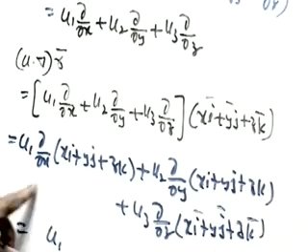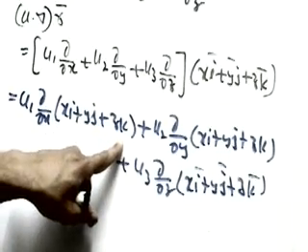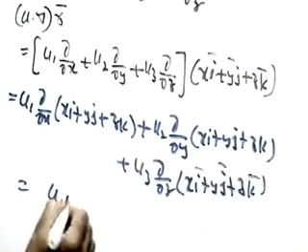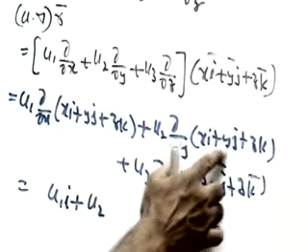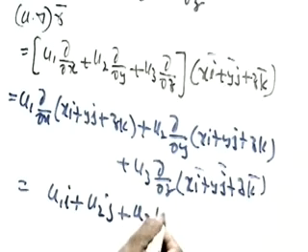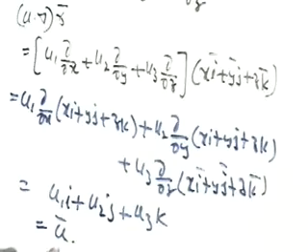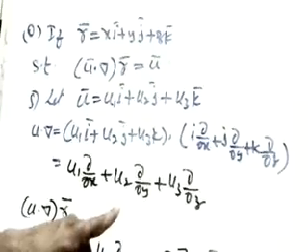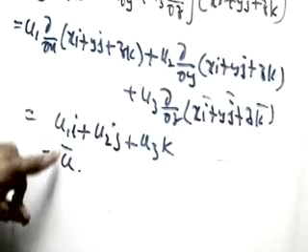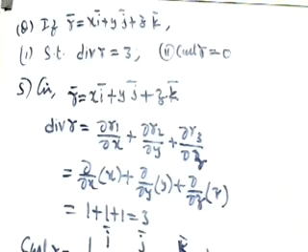Now the last step: this equals u1 into, if we differentiate with respect to x, x is 1, 1 into i is i, plus u2 into, with respect to y, y is 1, 1 into j is j, plus u3 into k. So we got this as the u vector. We started with this u vector, we have taken this one as the u vector. So this is u. Therefore, we got the answer.